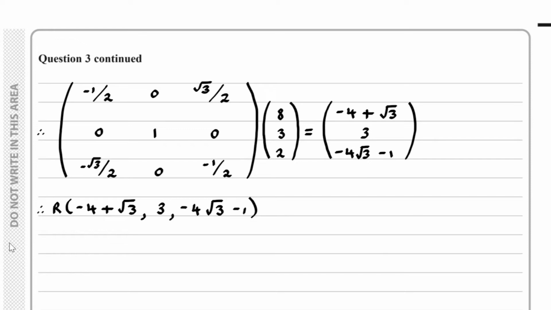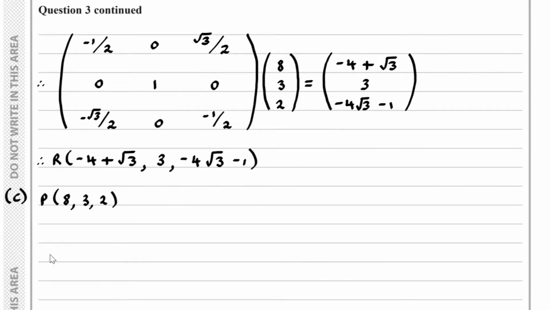So what we first of all need to do for part C, well, let's just write down the coordinates of P. The coordinates of P, we've got 8, 3, 2, and so therefore the vector PR, I am starting at P, I want to end up at R, so to go from 8 to minus 4 plus root 3, well, from 8 to minus 4, I travel a distance of minus 12, and then I've also got the root 3 with it.